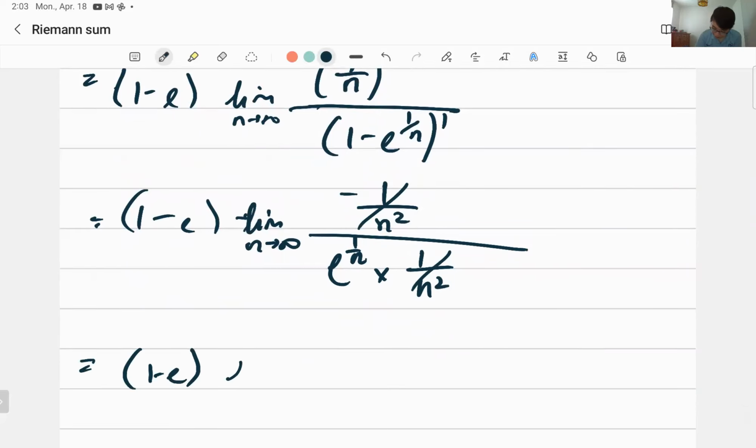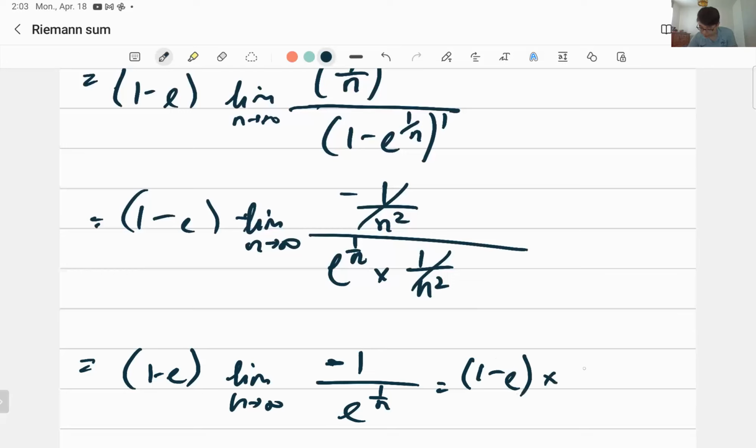So then I got 1 over 1 minus e, limit n to infinity, of e to the power 1 over n. Now we actually can evaluate this one, so that will equal 1 over 1 minus e, times e to the power 1 over infinity.